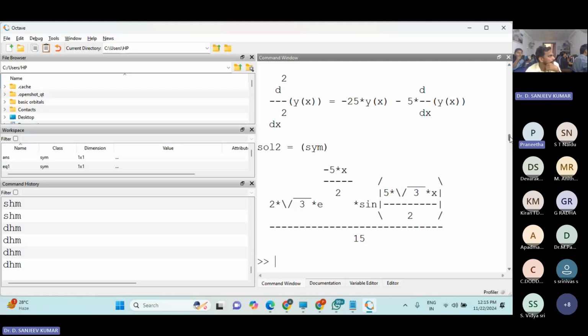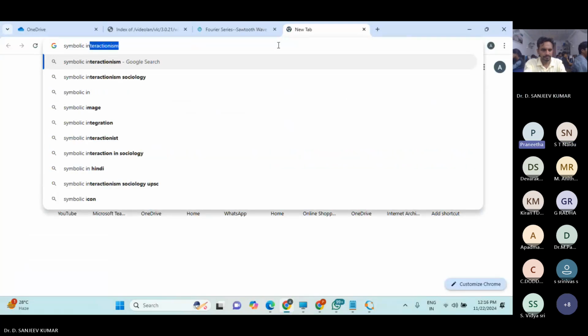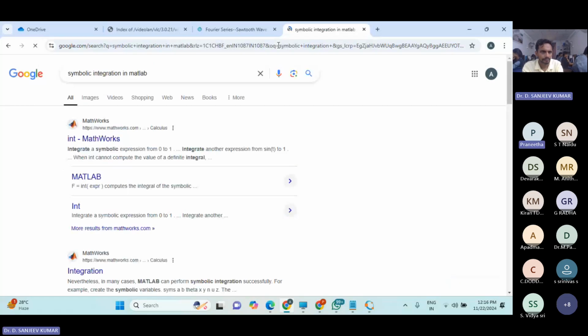That is over. We will continue to... so now we'll see symbolic integration. So int is a command.